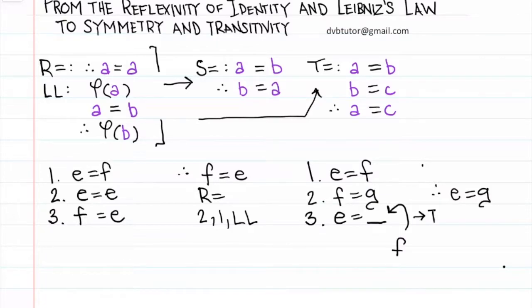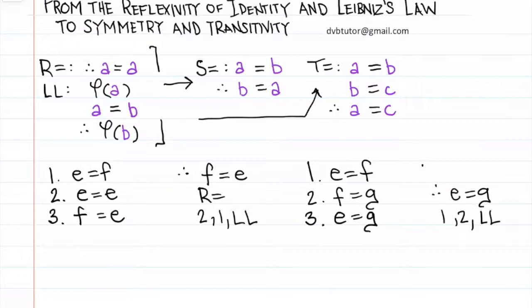Well, given the second sentence, that F is G, they're the same object, so we can put G in there. How do we do this? That's basically using Leibniz's law. So from 1 and 2 and Leibniz's law, we get that E is identical to G.